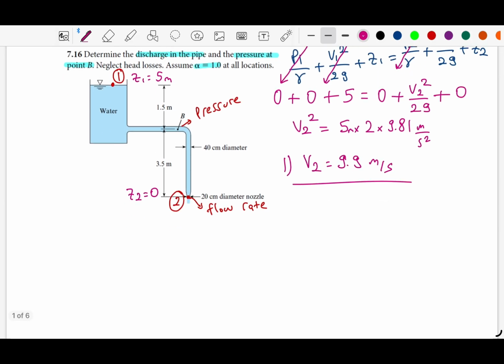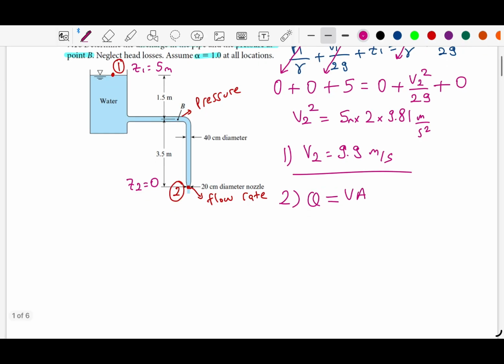We need to find the discharge in the pipe, so that means we need to find the flow rate. And from the continuity equation, you will remember that Q, which is flow rate, is equal to V times A, which is velocity times area. And when we look at the area, we need to take this diameter, because we are going to calculate flow rate here.